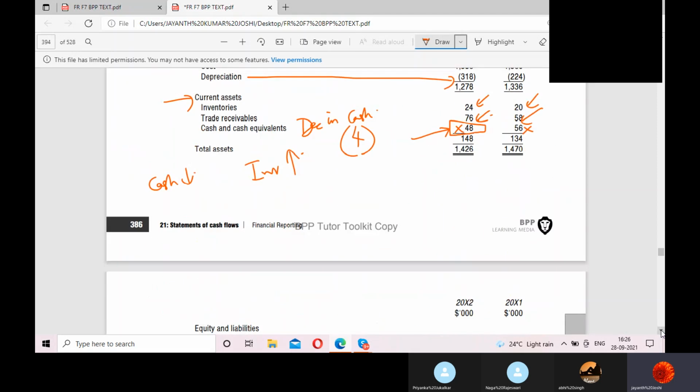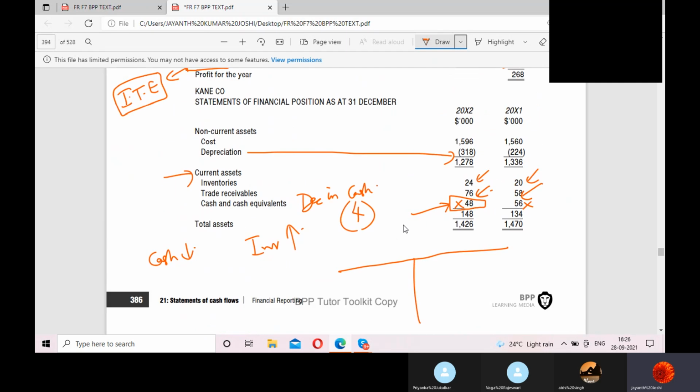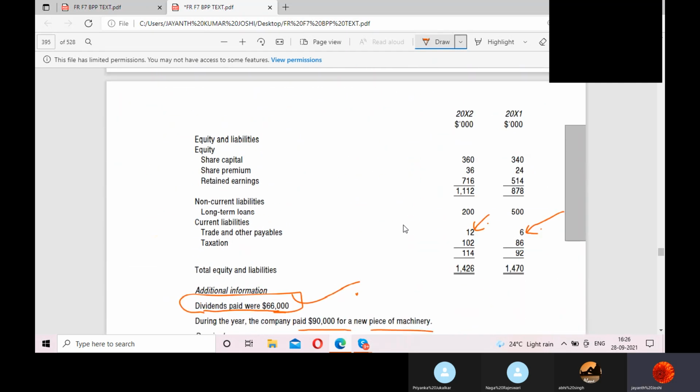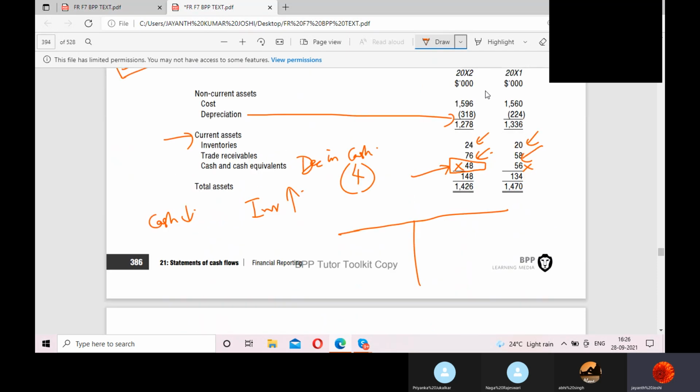Okay, let us check. We will make a T-shaped account, or we can go for a normal account also. I will show you both ways. There is an opening balance and closing balance of the tax account. I will just go for balance brought down.